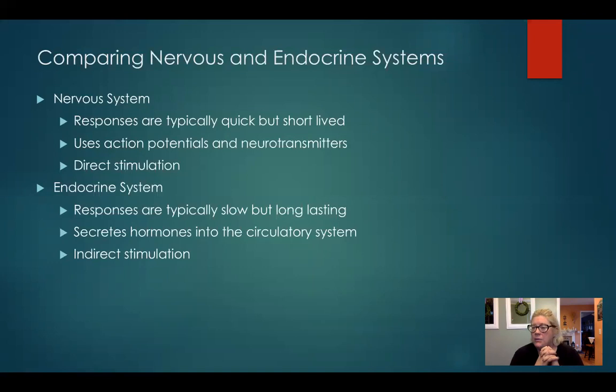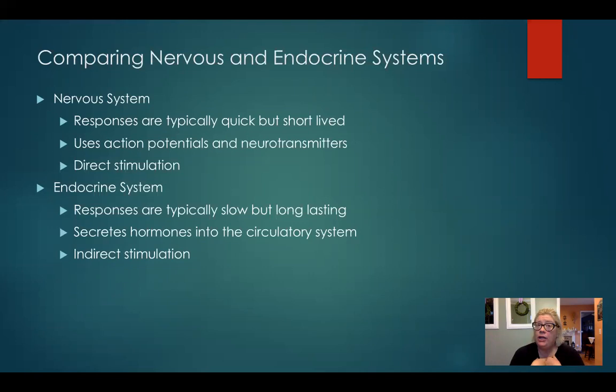But there's a very small range that our temperature is considered normal. So if our temperature is lower or higher than that average, we're in a state of homeostatic imbalance.